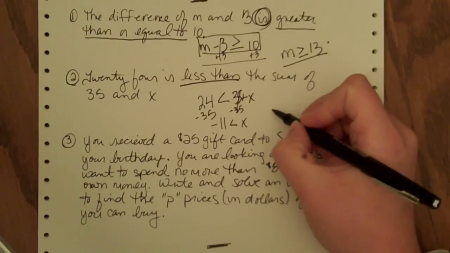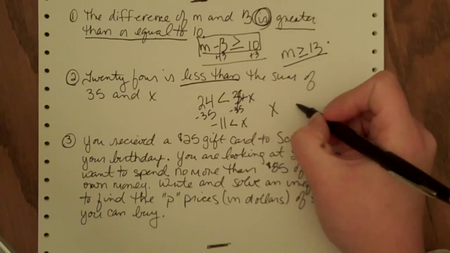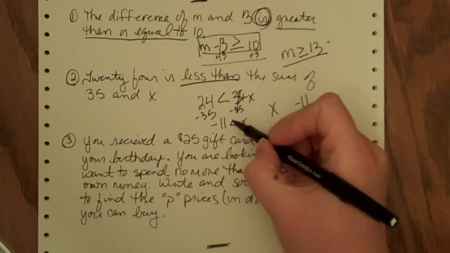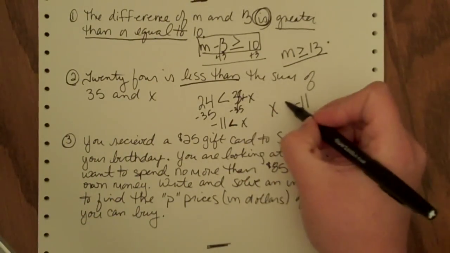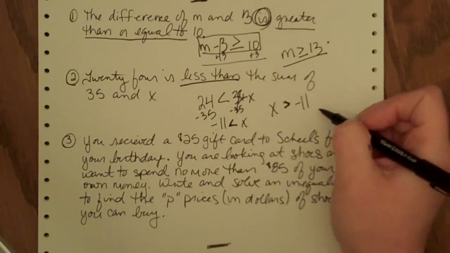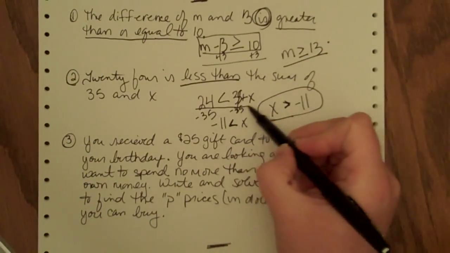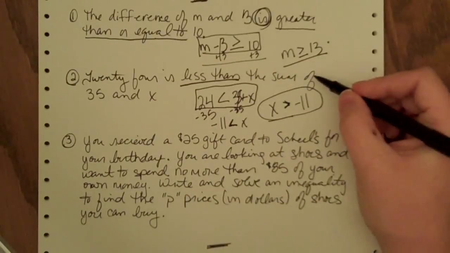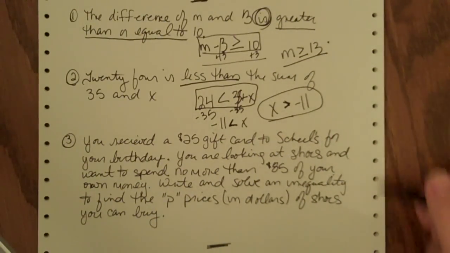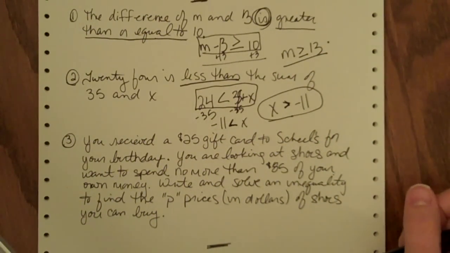We want the x to come first. So we're going to write the x on the left, and notice the inequality flips so we're still pointing at the negative 11. And so this would be our solution. This would be the written statement that we wrote from the sentence, and then x is greater than negative 11 would be the solution.